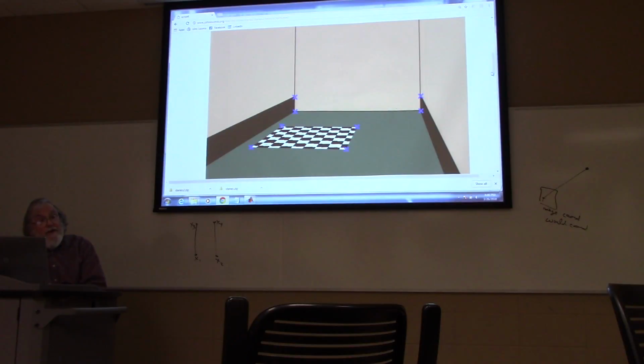Okay, so here we're starting to identify features that are in both of the images.